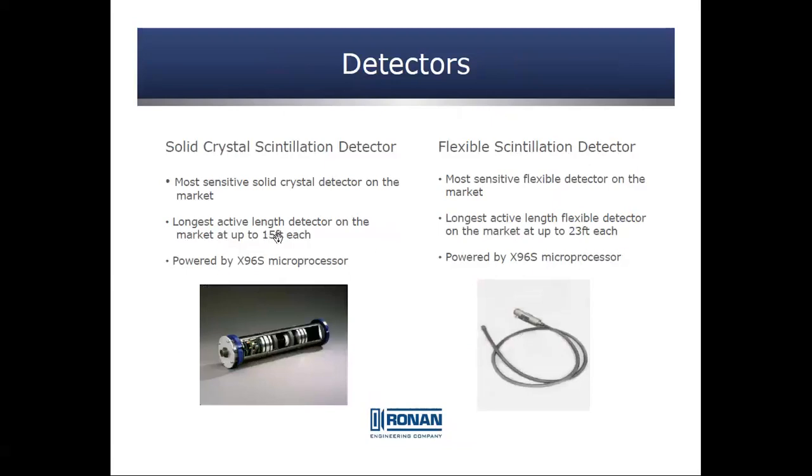We can make the rigid up to 15 feet long and the flexible up to 23 feet long. The thing with the flexible is there's a liquid inside that does freeze. So if you're in a cold environment, they have to heat trace to keep it warm. Or most often we're using the solid detector.